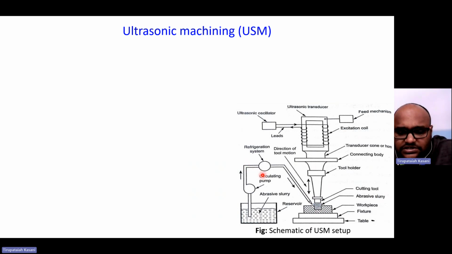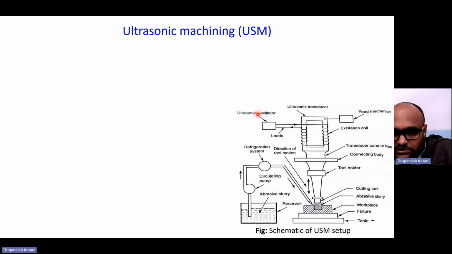The pump and this refrigeration system help in controlling the supply of this slurry to the machining zone. Okay, here this is the machining zone. After supplying this, this is the flat surface before the machining process.